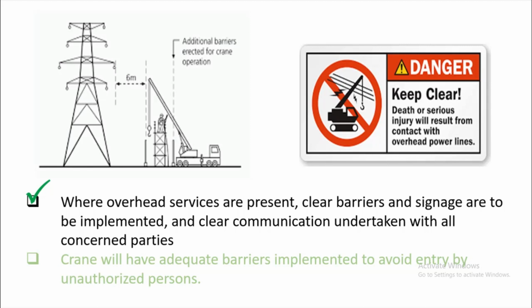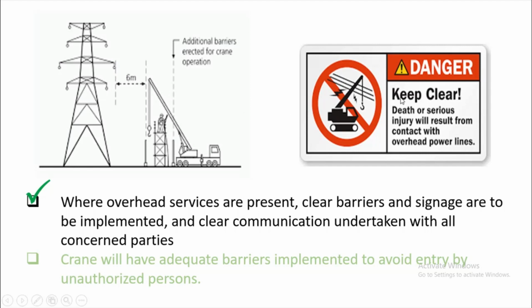So we need to make sure that when you have overhead services in the locations, you have good, clear communication to all parties, including the utility service owner, and you need to make sure that you have barriers, as shown in the sketch on the top left corner, to prevent you from reaching the danger zones or safe distance from the utility services.